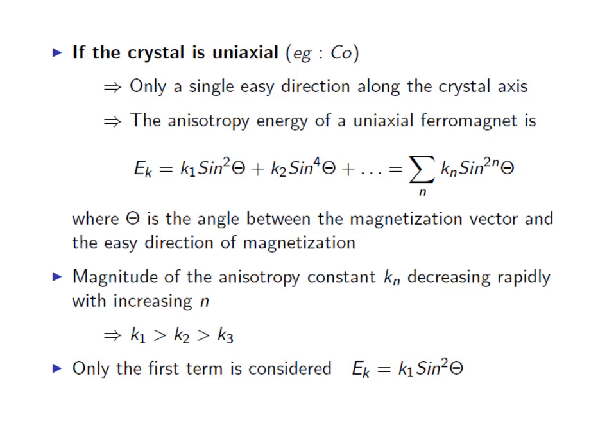The magnitude of the anisotropy constant Kn decreases rapidly with increasing n, so we can neglect K2, K3 and higher order terms. We keep only the constant K1. So the energy Ek is given as Ek equals K1 sin squared theta.